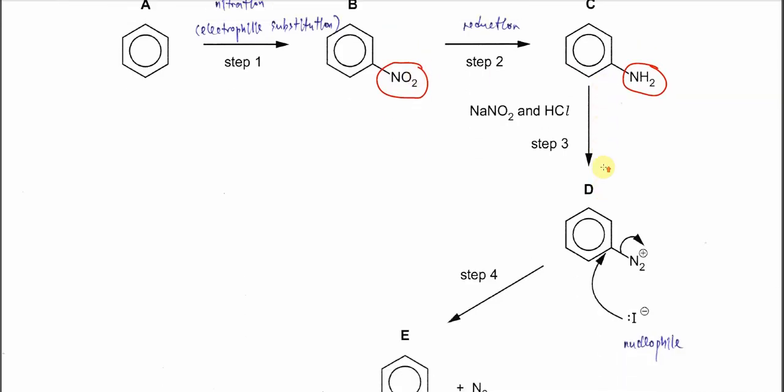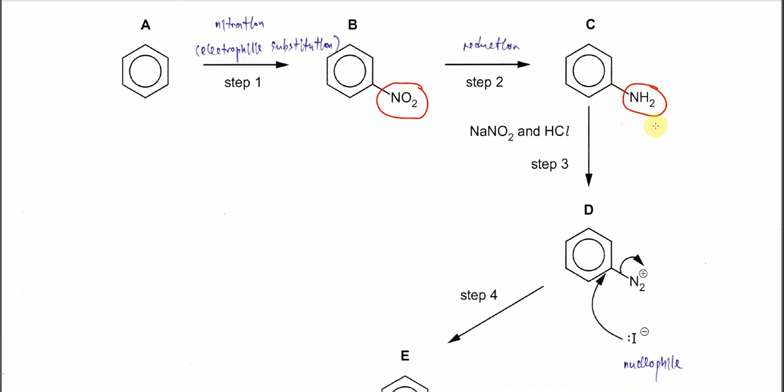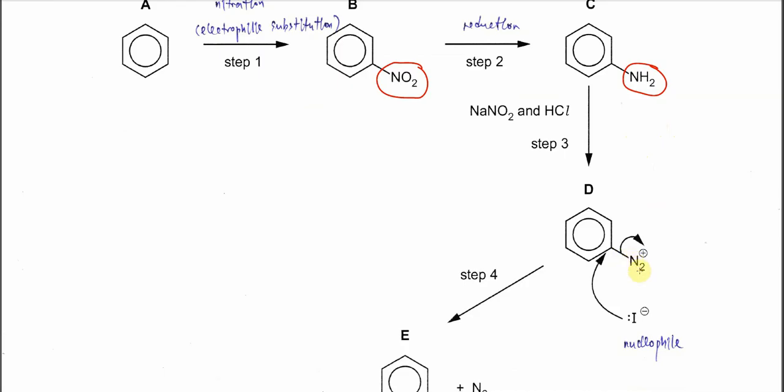From C to D, from the phenylamine to this benzene diazonium ion, you see here N2 positive. This benzene diazonium ion needs sodium nitrite and acid.